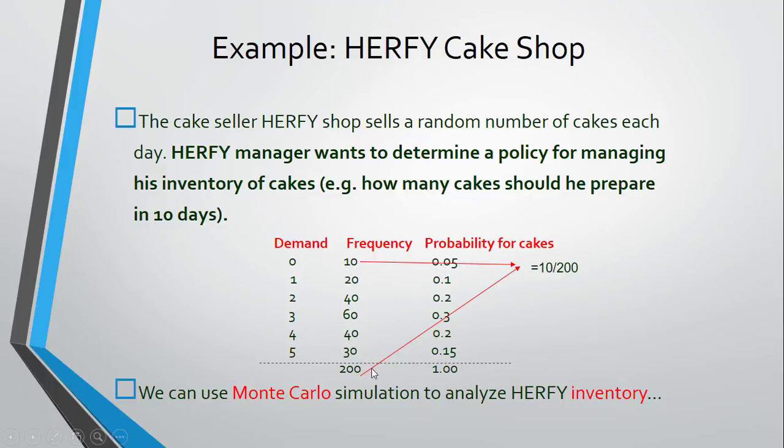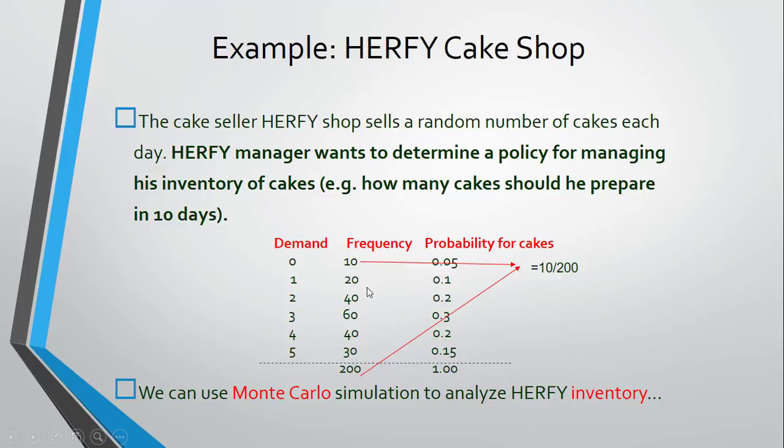The chance of one cake sold is 20 days. The chance of 2 cakes sold is 40 days. 60 days they have 3 cakes sold, 40 days 4 cakes sold, and 30 days 5 cakes sold. For the last 200 days, they have this frequency distribution.